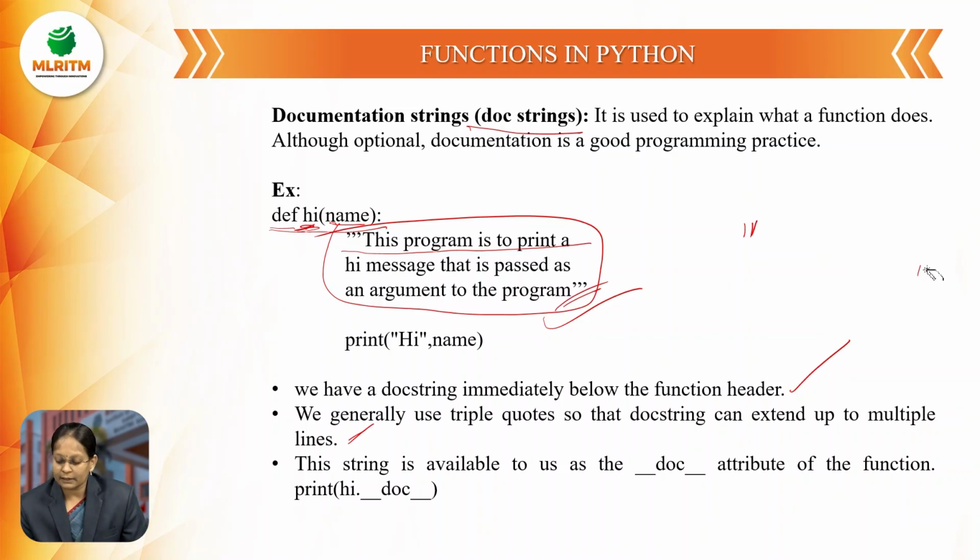So when we are writing a particular string in triple quotes, the Python virtual machine considers it as a doc string. This string is available to us as the __doc__ attribute of the function hi. Okay, this is about the doc string.